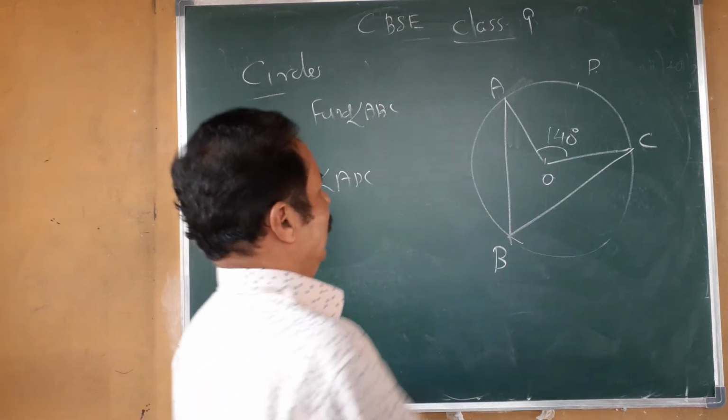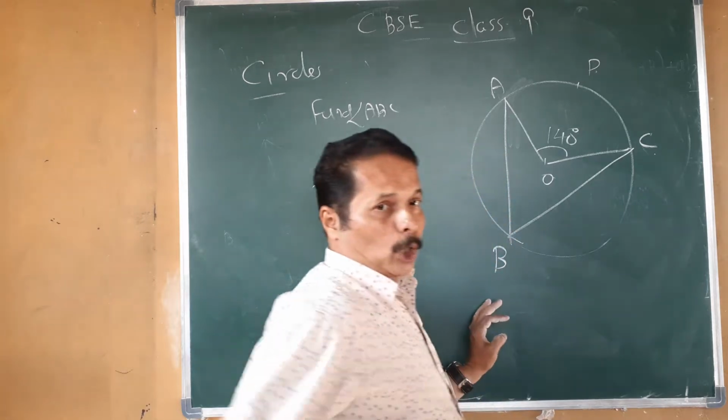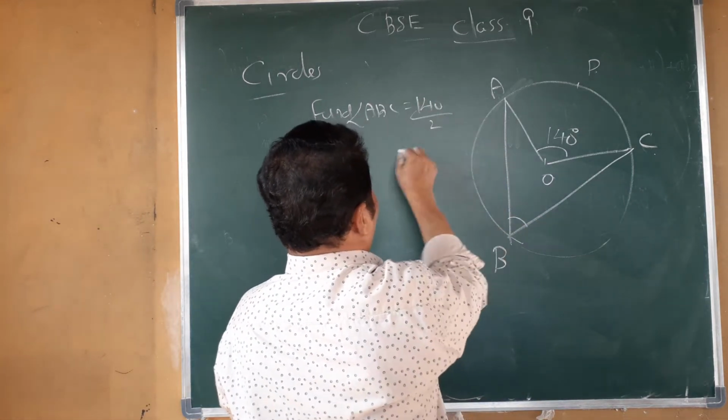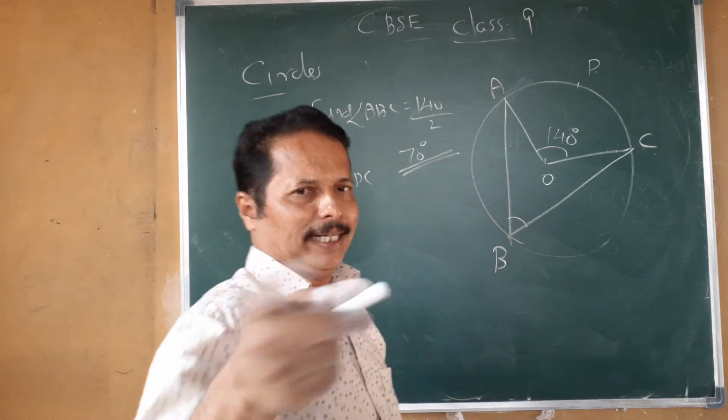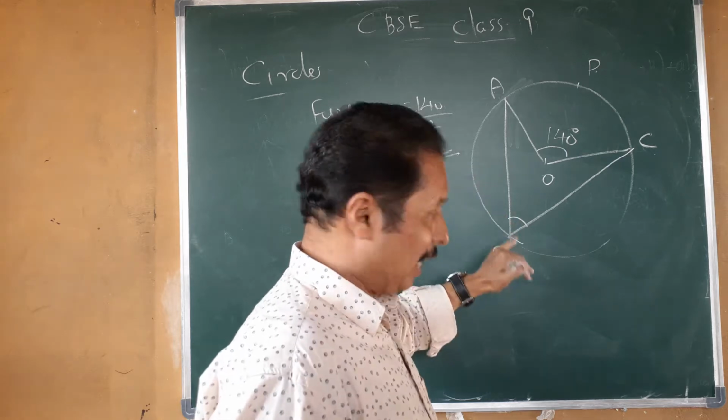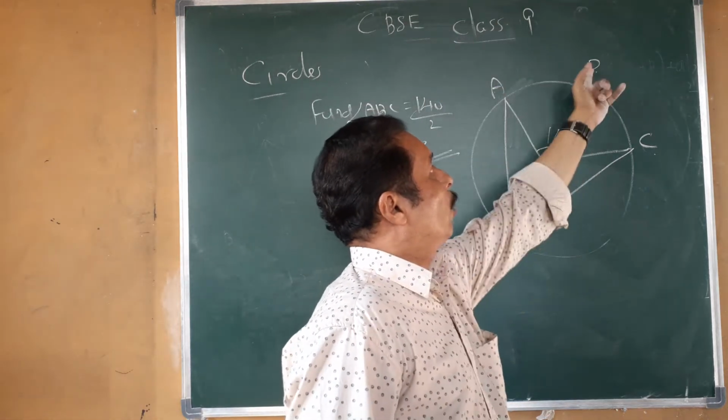Are you ready? Angle AOC equals 140 degrees, so angle ABC is 140 divided by 2 equals 70 degrees. Remember that the angle in a segment or in an arc is half of the central angle of the alternate arc.